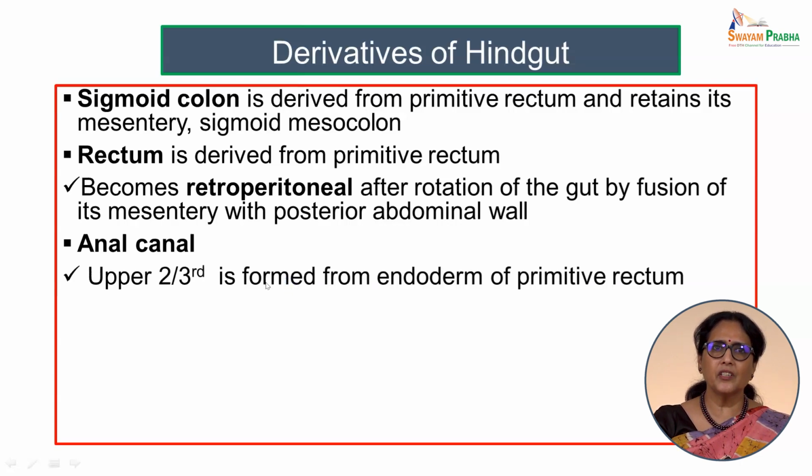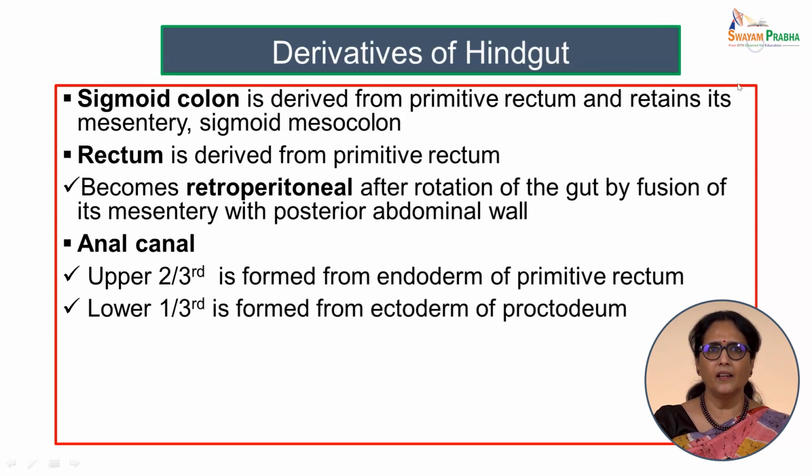The next derivative is anal canal. The upper two-thirds of anal canal is formed from the endoderm of the primitive rectum, while the lower one-third of anal canal is formed from the ectoderm of proctodeum.